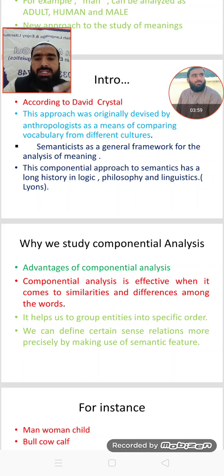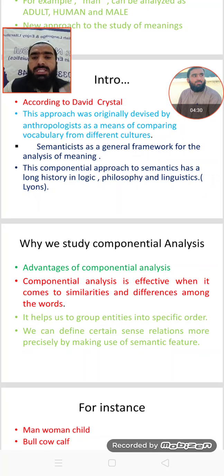According to David Crystal, English is a world language. English as a Global Language, this is one of the books written by David Crystal. So different Englishes are there. He is saying that this approach was originally devised by anthropologists as a means of comparing vocabulary from different cultures.